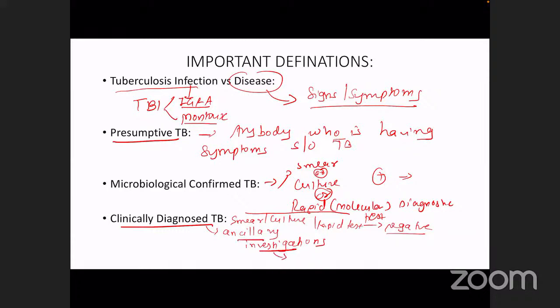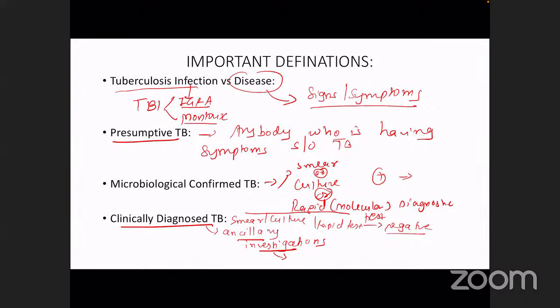So you have some X-ray evidence, some classical X-ray evidence, or you may have some CT or MRI evidence, or perhaps some other test. If you diagnose TB based on these ancillary investigations and the smear, culture, and rapid test are all negative, then you say the patient has clinically diagnosed tuberculosis.